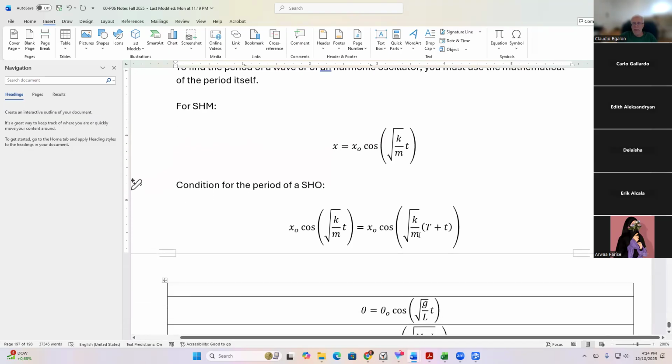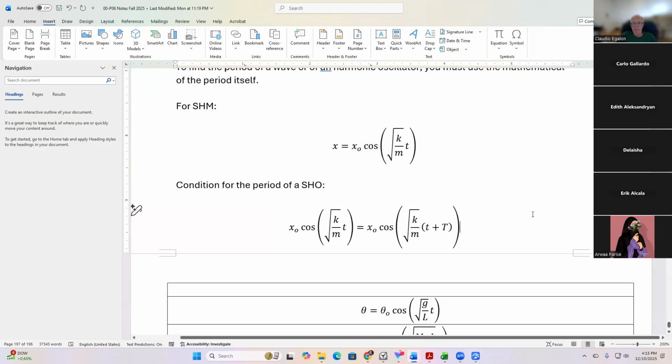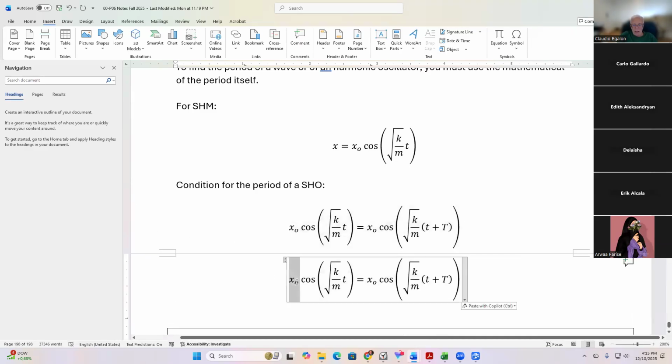We should put the capital T in front here. That should be the same amplitude, it's just the full vibration. And we can use this equation.